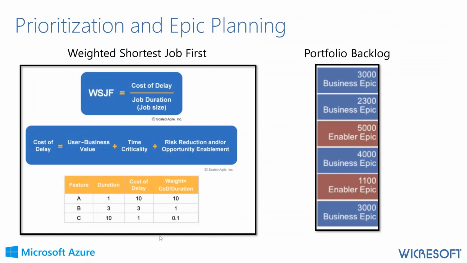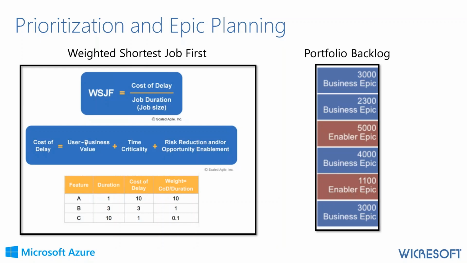LPM prescriptively tells us that weighted shortest job first is really the way, WSJF, is the way to actually do prioritization. It's a calculation that tries to score an epic based on what's the cost of not delivering and what's the size.